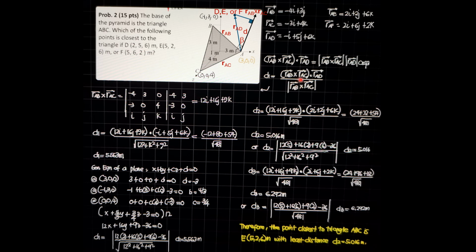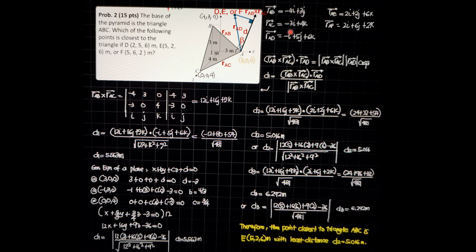So having this as our guide, let's expand this. Let's define RAB cross RAC first, this vector here. It is equal to the components of RAB, negative 4, 3, then 0, copy.